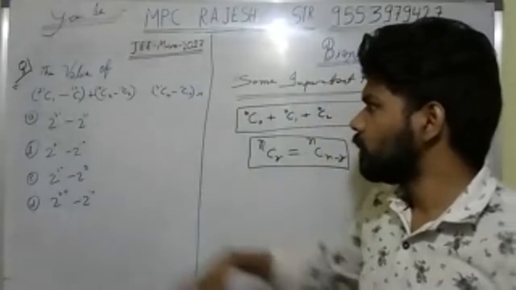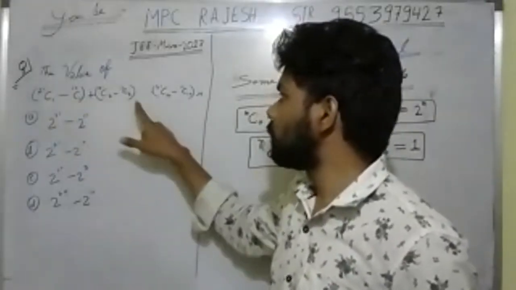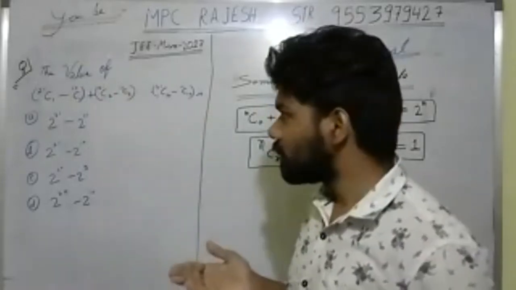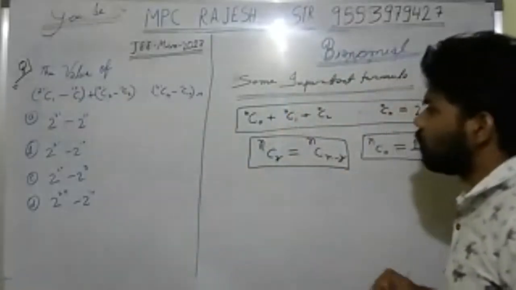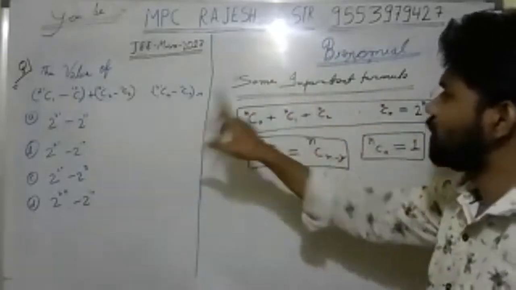Terms like C(21,1), C(21,2), C(10,2) appear, so one important formula is useful for this question.